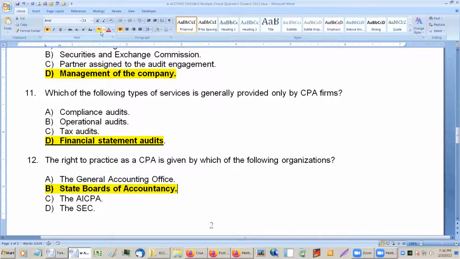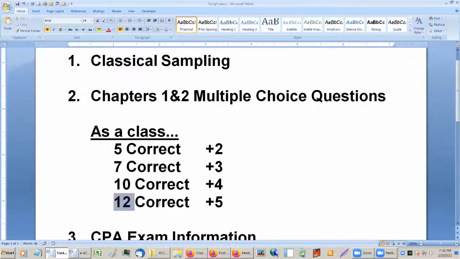Okay, I will close the poll. You do not need to turn this one in because your names are going to be on here.